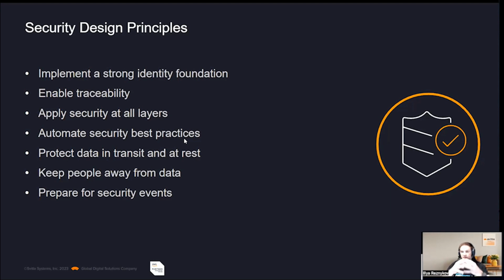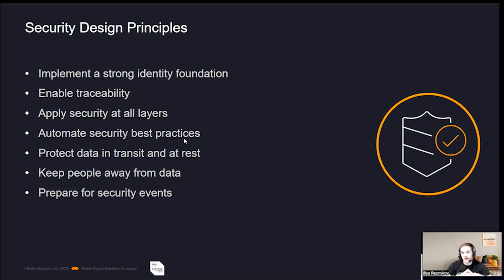You need to automate security practices, which means some responses could be automated. Dashboards could be implemented in order to inform about security events. Another principle is that we should keep people away from data, in the sense that there should not be manual work where it could be avoided.